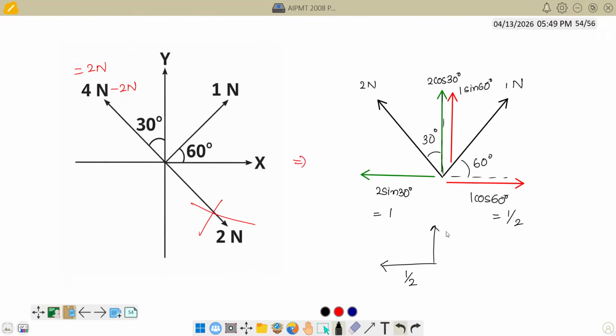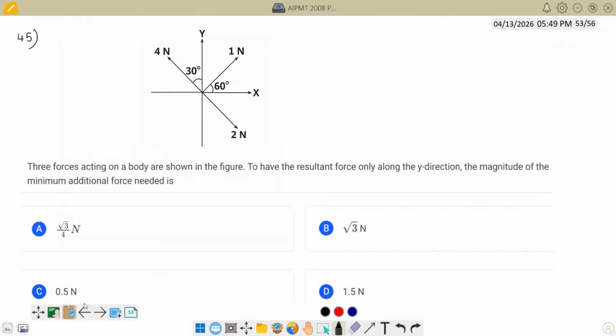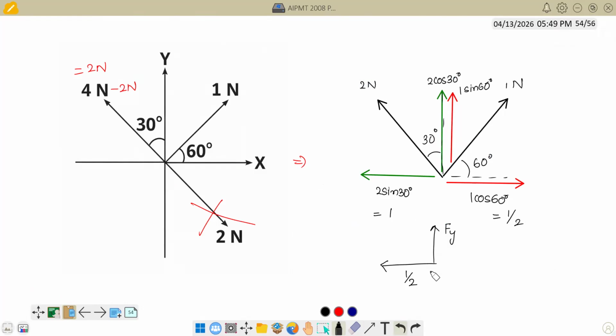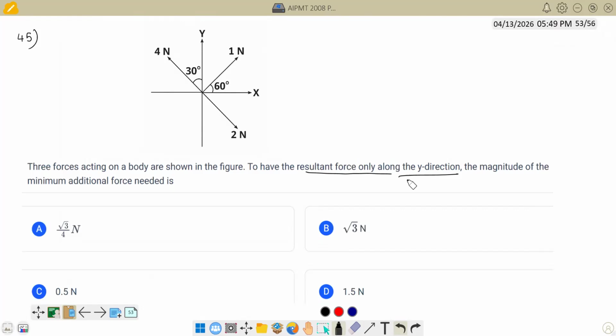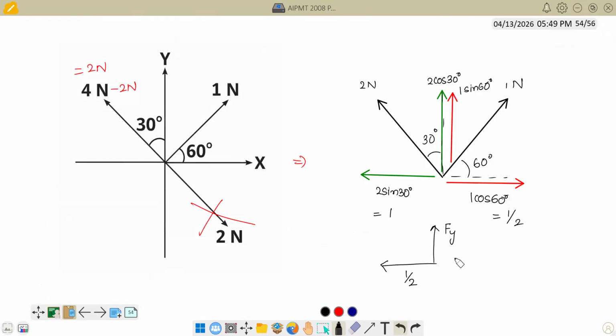I'll tell you, Fy we'll write it. The author is telling, I want the resultant force only along the y direction. Since we want the resultant force only along the y direction, that means I don't want any force in the x direction. What does this mean? If I want the resultant force only along the y direction, that means the resultant force along the x direction must be 0.